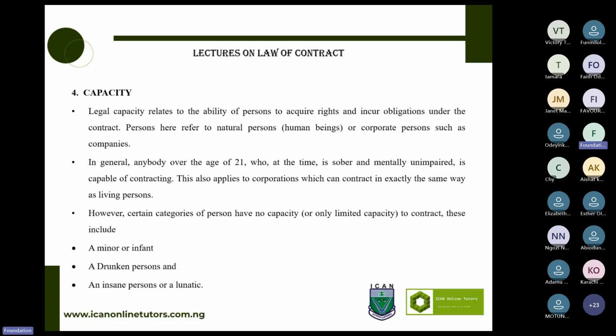But when you are below the capacity age, you are not mentally okay, or you're drunk, probably acting under the influence of alcohol, you will not be capable to contract. So in theory, capacity to contract means the ability to enter into a contract, such that you enjoy the benefit in that contract and you incur any liability there. So that's what it is.